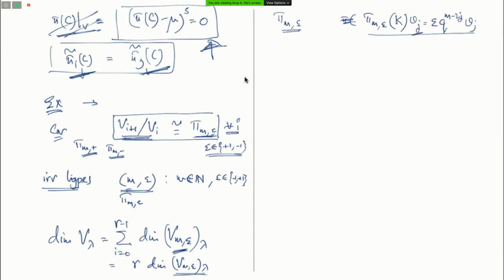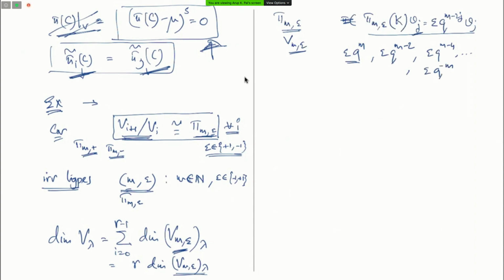I mean, these v_j's I'm talking about are basis elements of this. So here, what are the different weight spaces that you have? Non-zero weight spaces, I mean, corresponding to weights, and so on, and then m minus 2m, so that is minus m.